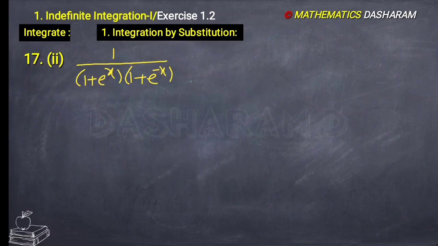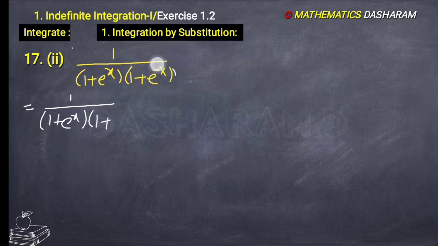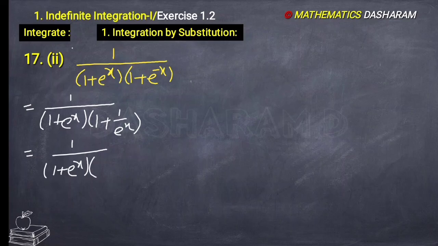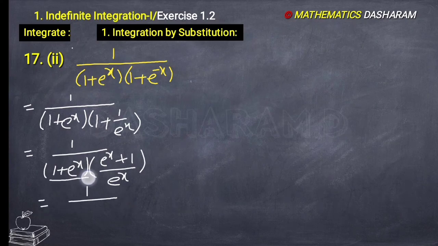Second question, 1 by 1 plus e power x into 1 plus e power minus x. So let us simplify the given question. 1 by 1 plus e power x into 1 plus e power minus x, where e power minus x equals 1 by e power x. Taking the LCM e power x, we get e power x plus 1, so it is 1 by 1 plus e power x into 1 plus e power x, both are the same, so 1 plus e power x whole square divided by e power x.